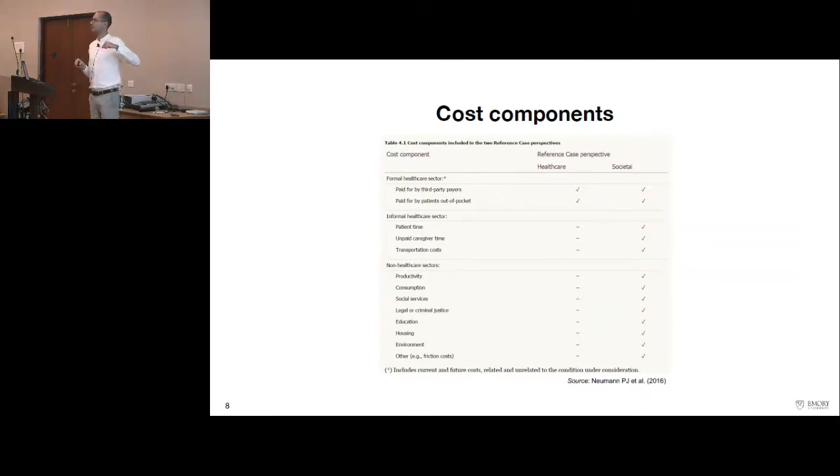Non-healthcare sectors, such as productivity, consumption, social services, effects on legal and criminal justice, education, housing, and environment, should definitely be considered from the societal perspective, but not so much from the healthcare sector perspective.